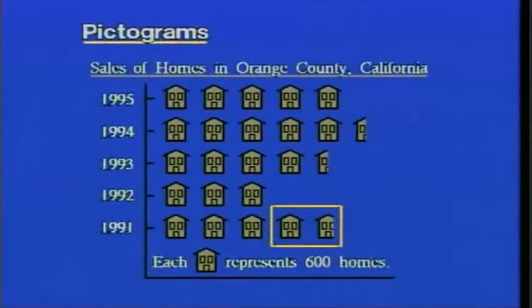And so it's 1 whole house plus almost another whole house. So each house now represents 600 homes. So it would be something a little bit less than 1,200 homes, maybe 1,100 or perhaps 1,000 homes as the difference in housing starts or sales of homes in Orange County, California for those 2 years.